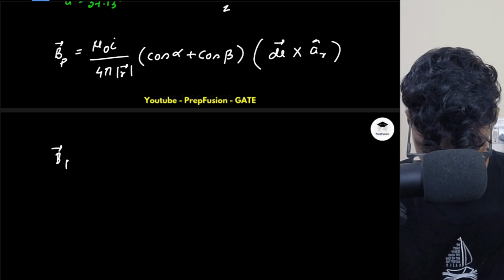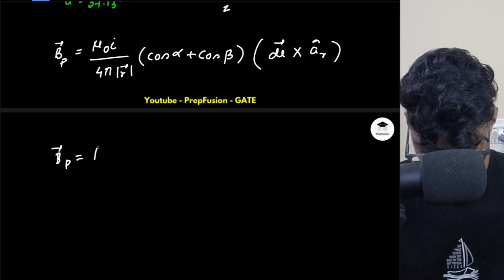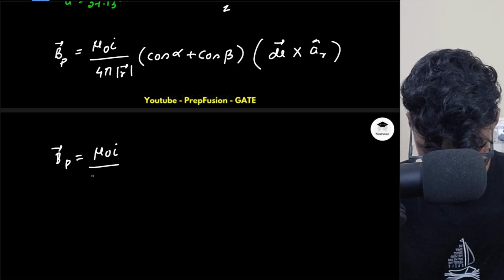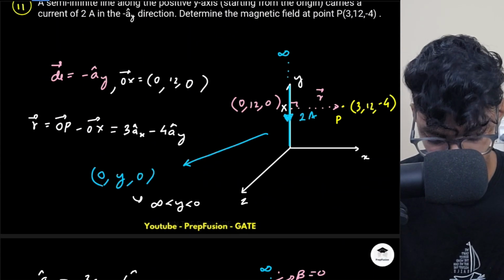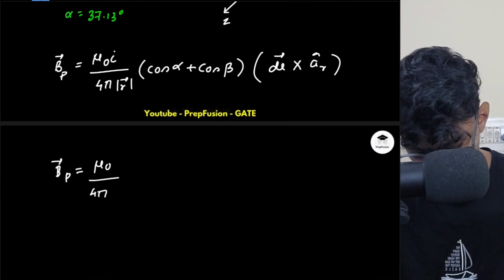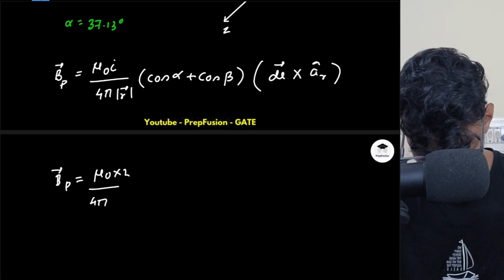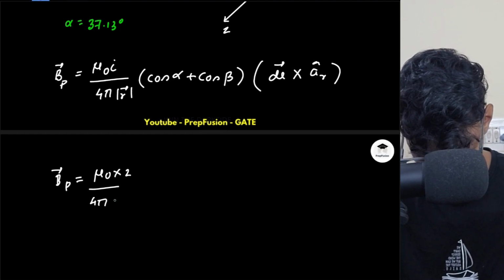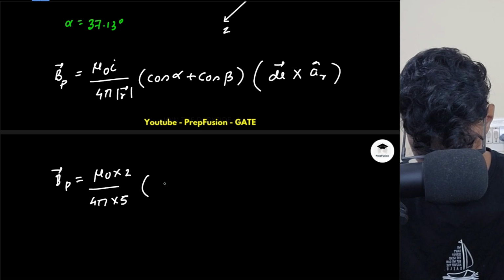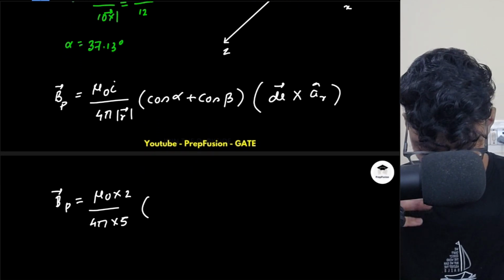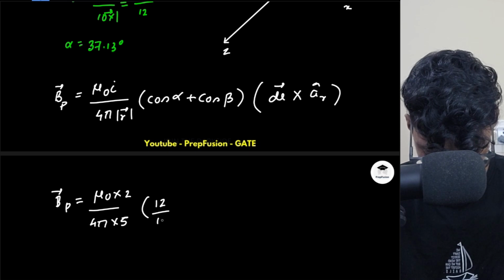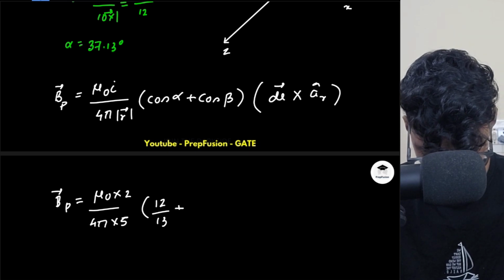So the magnetic field at P will simply be mu naught I by 4 pi. I is how much? I is 2 amperes, right? So 2 into 5 into cos of 37.13. Cos of 37.13 is simply 12 by 13, plus cos of 0.